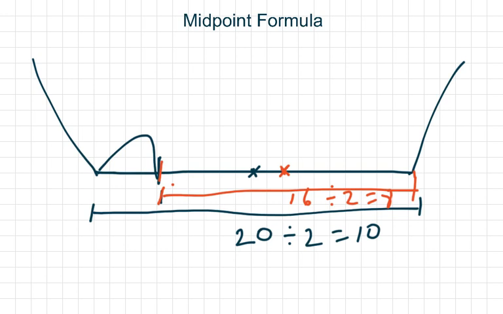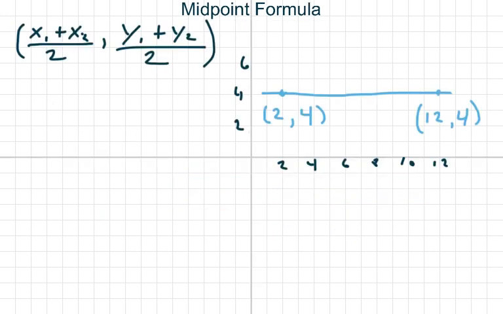Let's look at the midpoint formula on a line. Here we have the midpoint formula. It's x1 plus x2 divided by 2, and y1 plus y2 divided by 2. The first number in a pair of numbers is our x-coordinate. The second number is our y-coordinate.